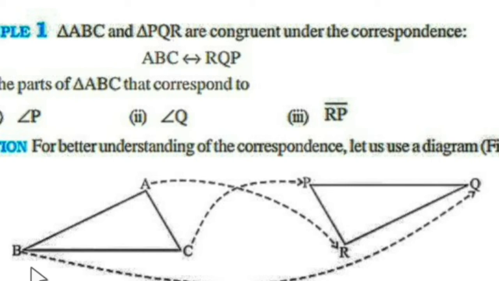Here are the two triangles ABC and RPQ. A corresponds to R, B corresponds to Q, and C corresponds to P. So PQ corresponds to CB, angle Q corresponds to angle B, and RP corresponds to AC.